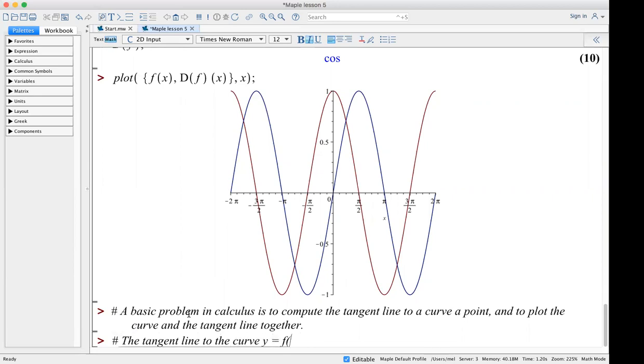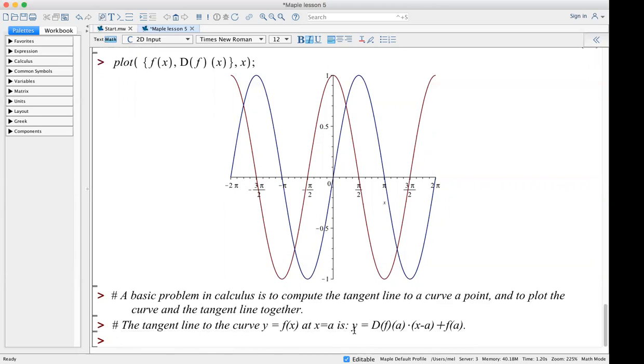The tangent line to the curve y equals f of x at the point x equal a is y equals the derivative of the function at a times x minus a plus the value of the function at a.